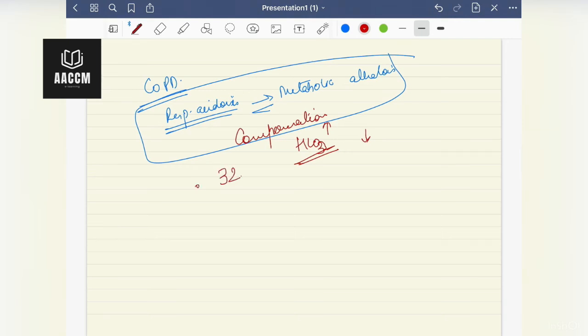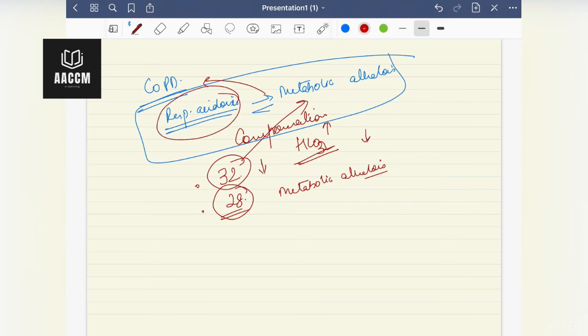The patient is having metabolic acidosis as the primary defect, so the bicarbonate level will fall to say 28, but it will already be showing a metabolic component, that is metabolic alkalosis. Are you getting it? Just imagine that the bicarbonate level is 32 and that is showing a component called metabolic alkalosis due to COPD, which is again a compensation phenomenon.